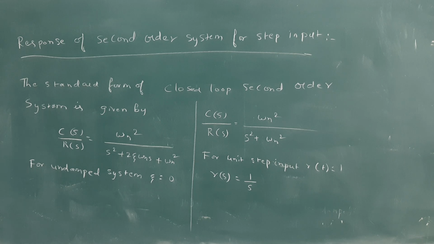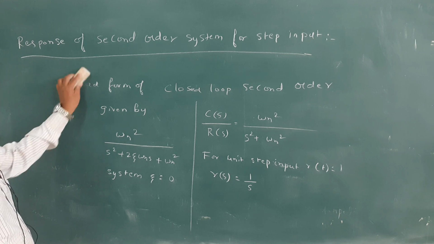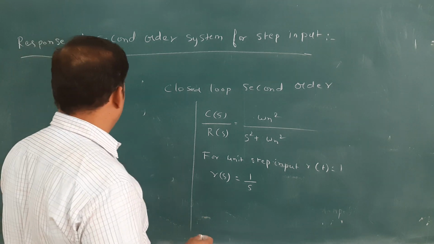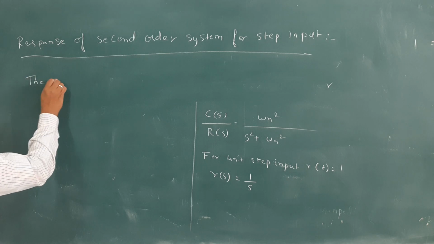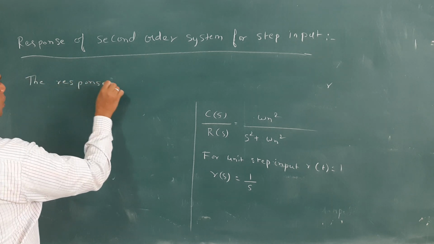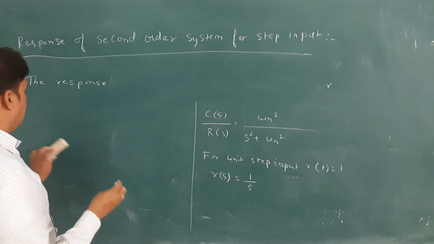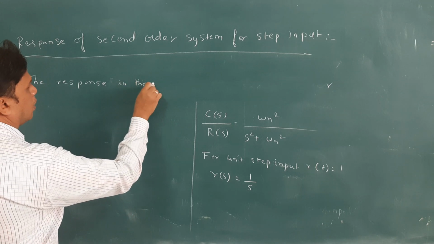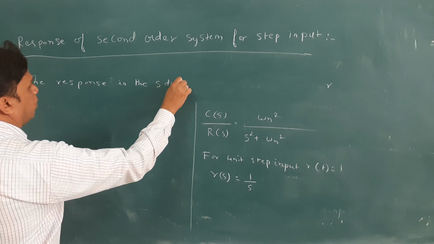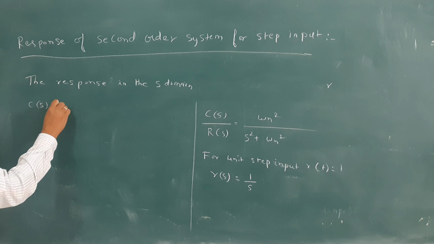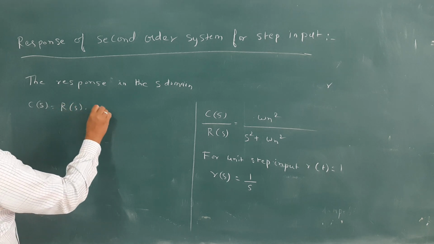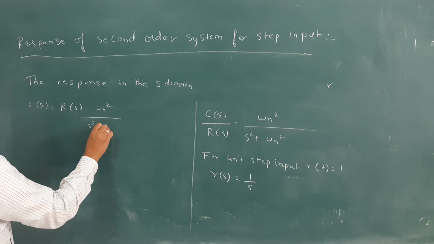The response in the s domain is C of s is equal to R of s into omega n square by s square plus omega n square.